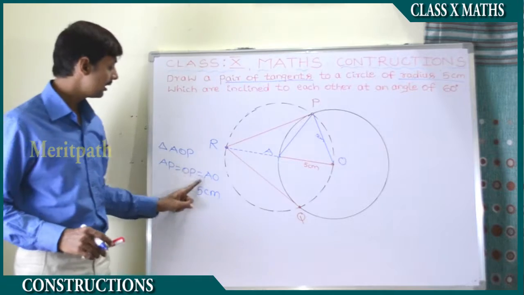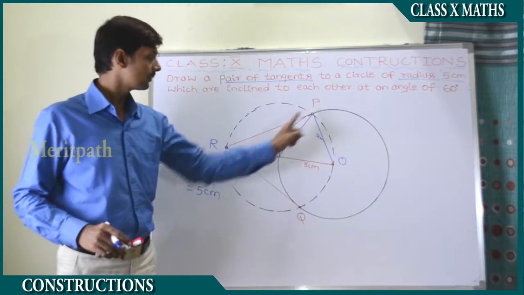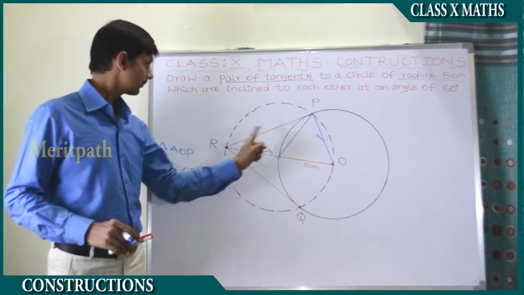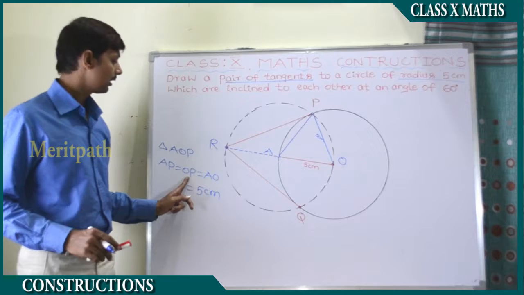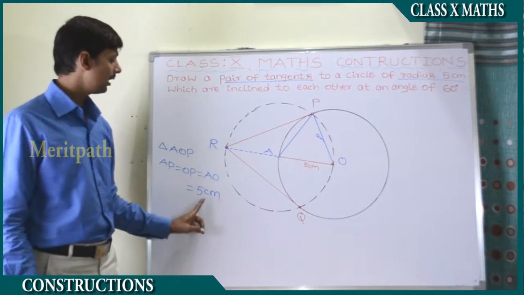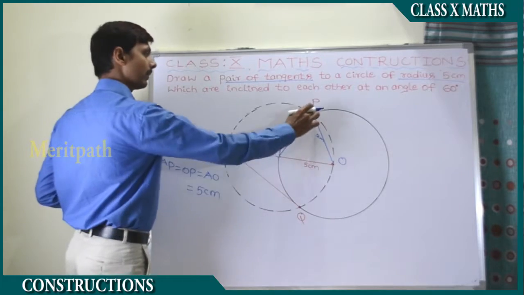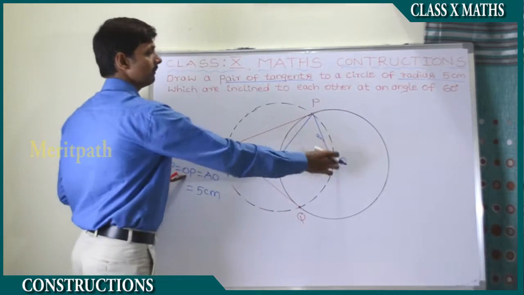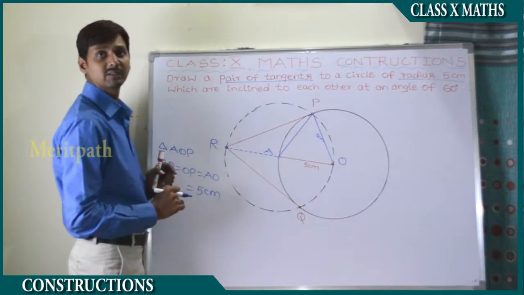That's the reason AP is equal to OP is equal to AO. AP is equal to AO is equal to PO, or nothing but OP, equal to 5 centimeters. That's nothing but AP is equal to OP is equal to AO, all 5 centimeters.